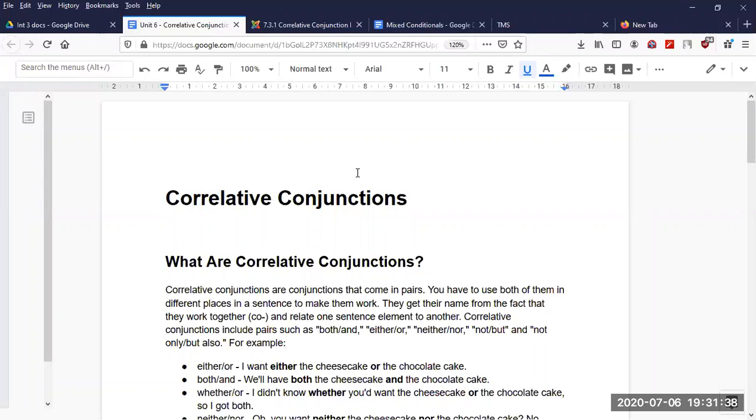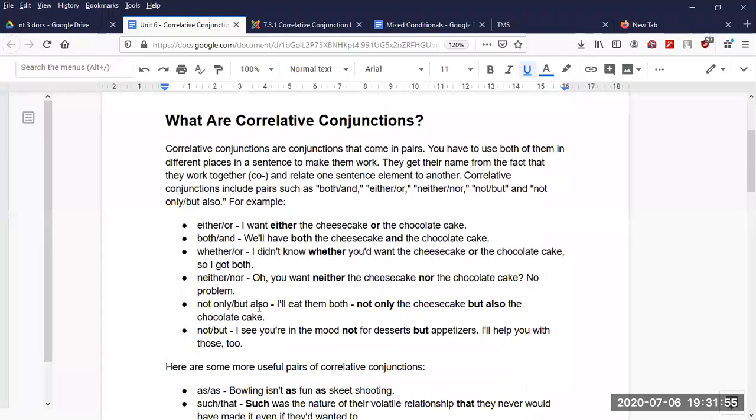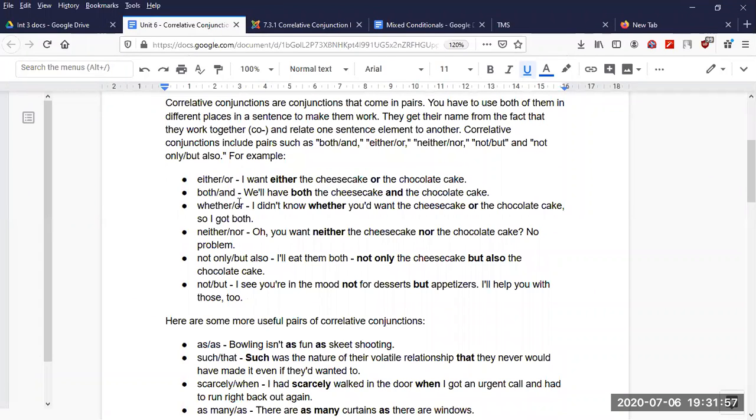If it's both of them, if it's this one or this one, if it's not this one and not this one. So we just need to decide which ones we need. So like I mentioned, it's easier to look at the second part of the pair, if it's going to be an or an and, and then work back.